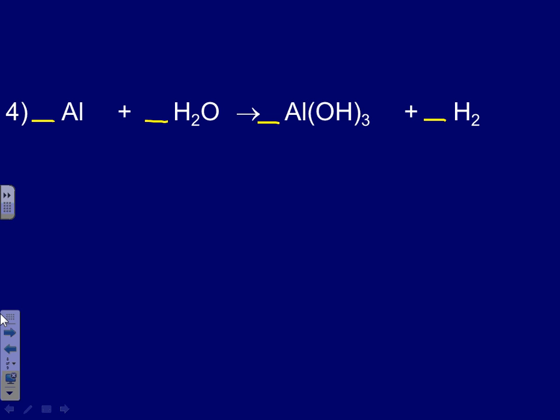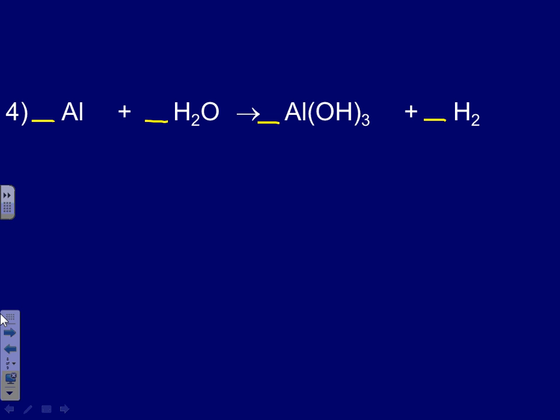How many aluminums here? 1 times 1 is 1. How many aluminums here? 1 times 1 is 1. Good. Next, oxygens, I think, is the way to go. How many oxygens here? 1 times 1 is 1. How many oxygens here? 3 because of the brackets. That also makes it tricky, right?